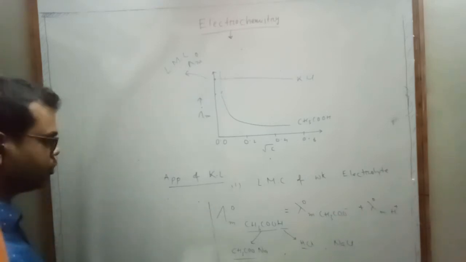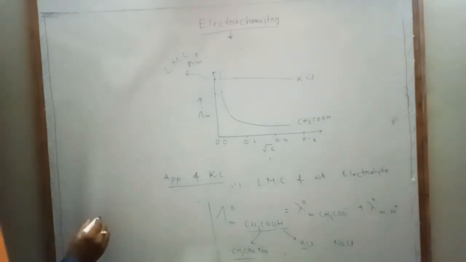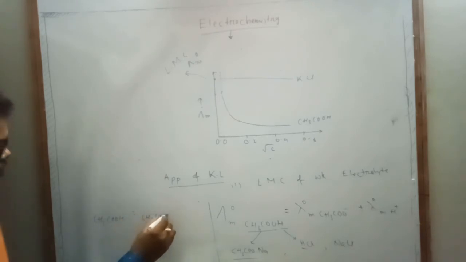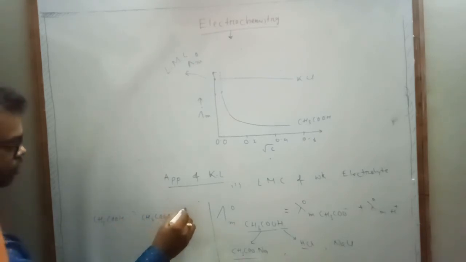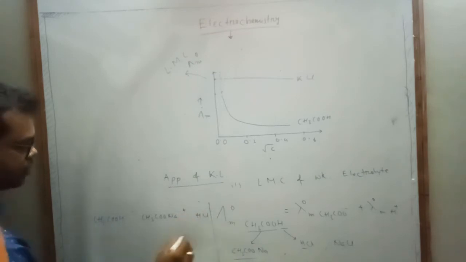So what do we have to write? Students, you think about this. CH3COOH is equal to CH3COONa plus HCl minus NaCl. So this Na cancels, this Cl cancels.